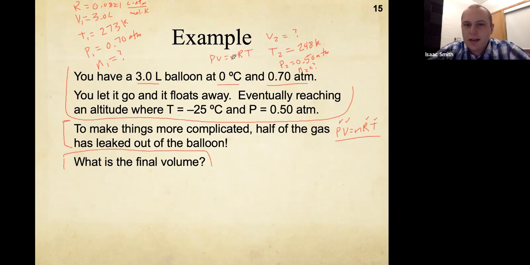I know pressure and temperature, and I know R because it's constant. Because I know P, n, R, and T, I could solve for V. So what I really need to do is figure out n. That would allow me to solve for the final volume, which is what the question's asking.